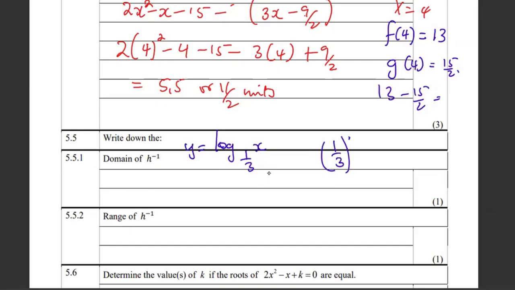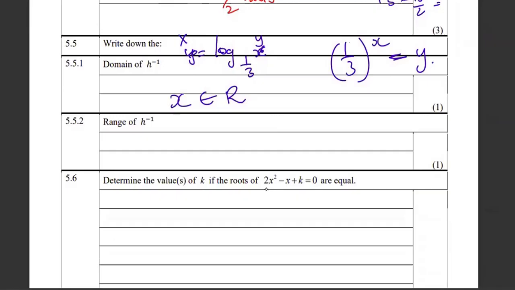No, it's not correct, because we said we have to switch the x and the y. This is x, this is y, which is a third to the power x is equal to y. The domain of this, x is going to be an element of real numbers. And then the range, y is going to be greater than 0.